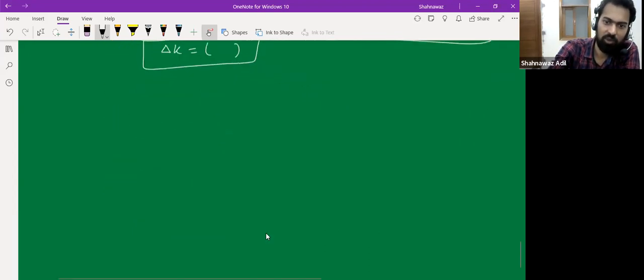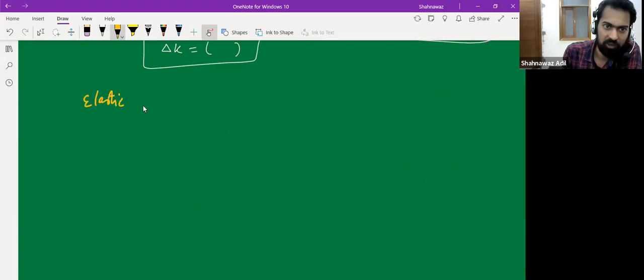Okay, so let me do one more conceptual part, and that is the elastic collision in 2D, right?